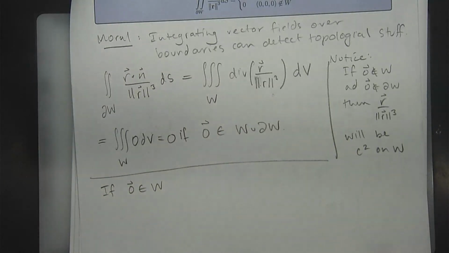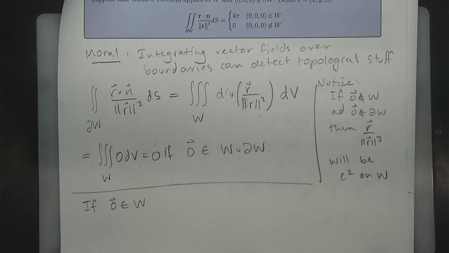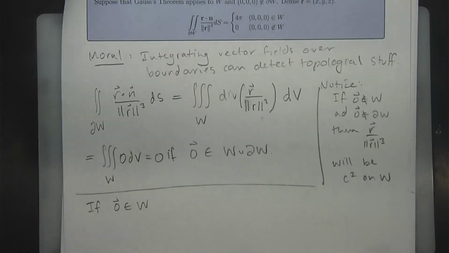Okay, so now we have to treat the case where the origin is contained in W, and the move there is we can surround the origin with a small ball, and the remaining integral will just go away. So.